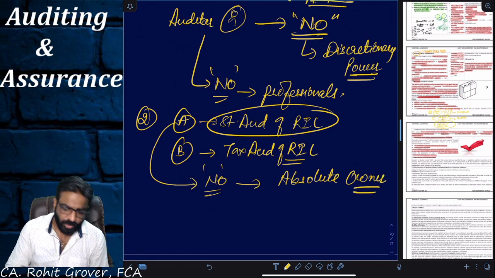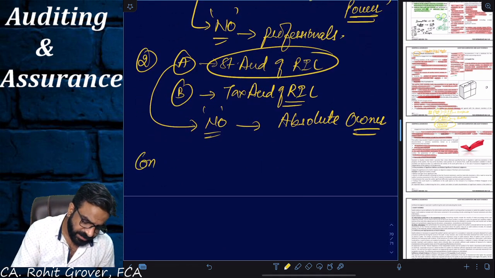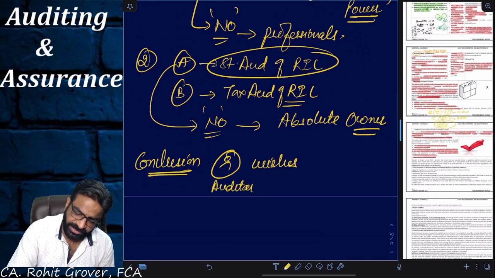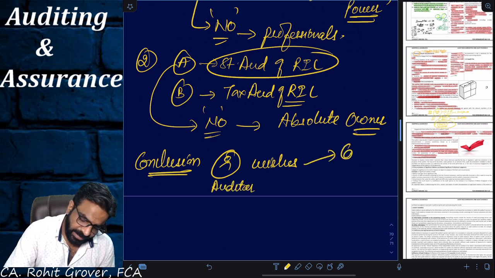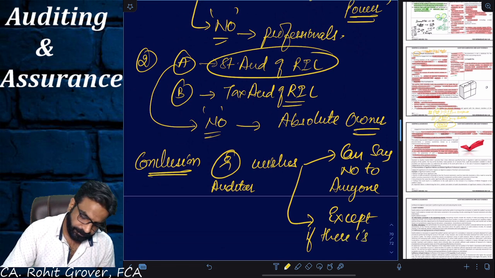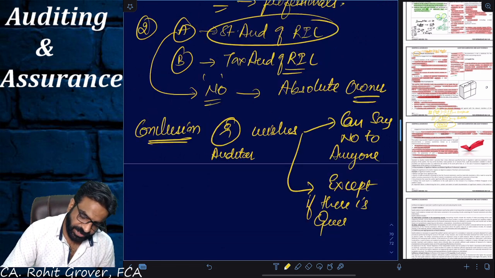Absolute owner. So, what is the conclusion of this particular topic, everyone? If the auditor wishes, he can say no to anyone, except if there is a question of law.